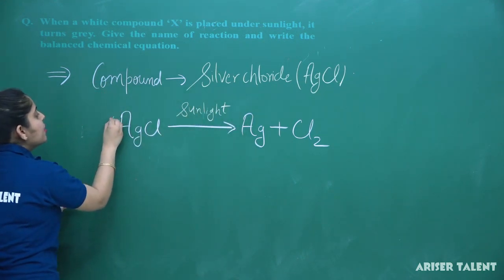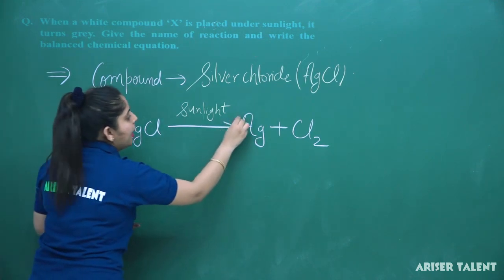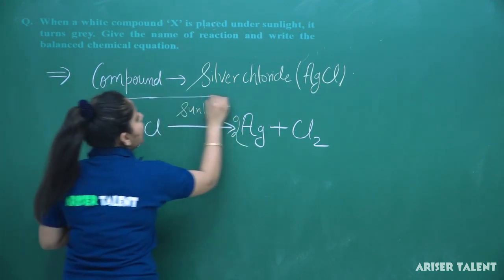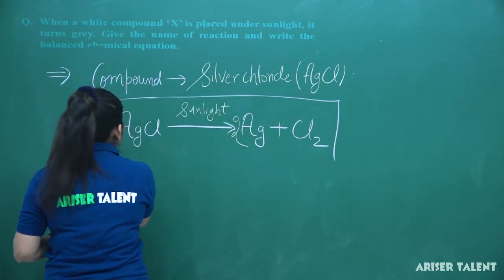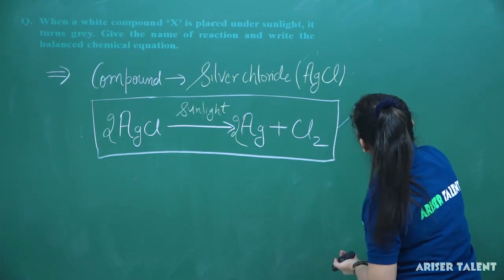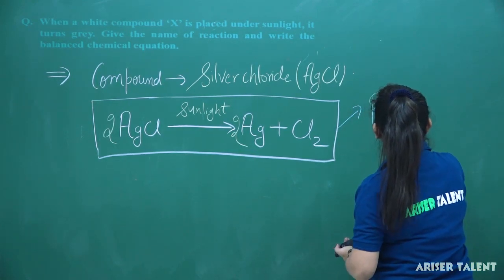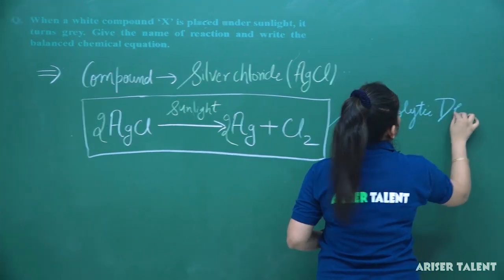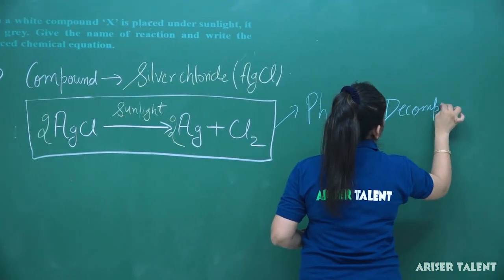To balance this equation, we have to substitute 2 here and 2 here. Now this equation is balanced, and this kind of reaction is known as photolytic decomposition. So the answer is photolytic decomposition.